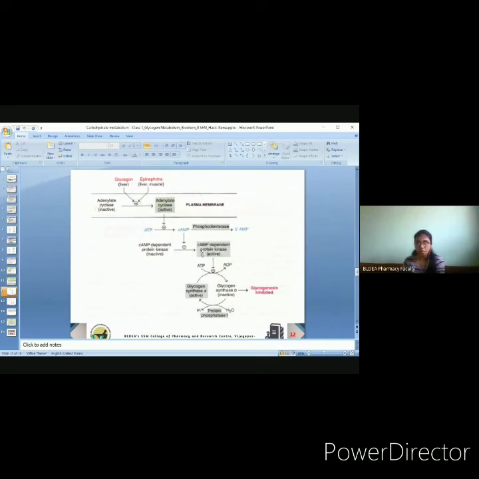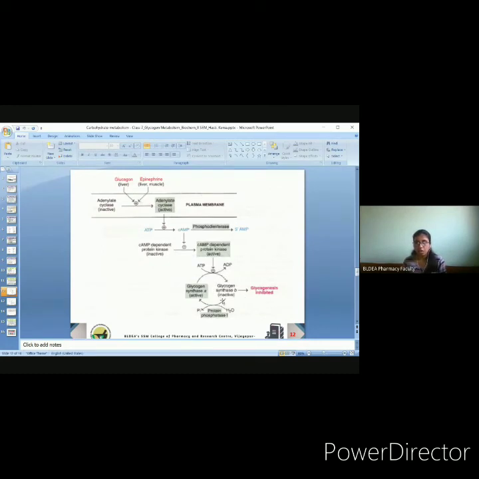So cAMP first activates protein kinase, which causes phosphorylation of glycogen synthase, adding the phosphate groups and resulting in inactivation of this enzyme.